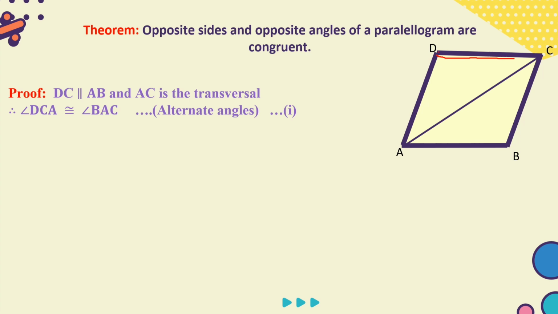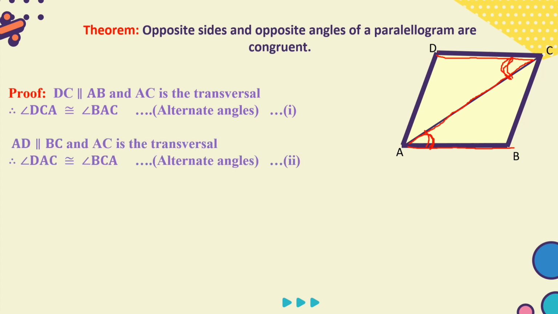So here a Z is being formed. What is a Z? A Z means alternate angles. So angle DCA is congruent to angle BAC. The angles within the Z are congruent. So angle DCA is congruent to angle CAB.